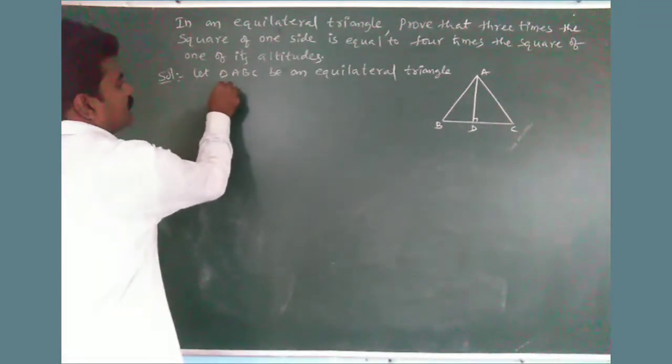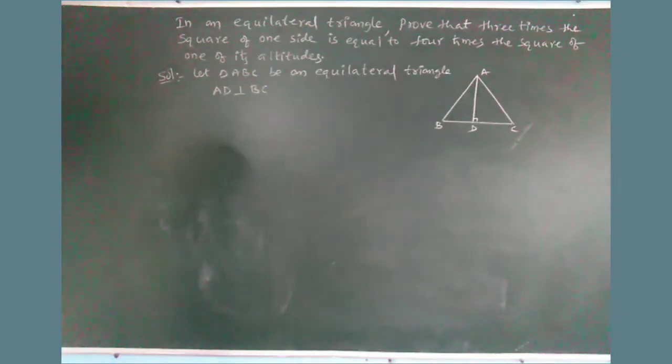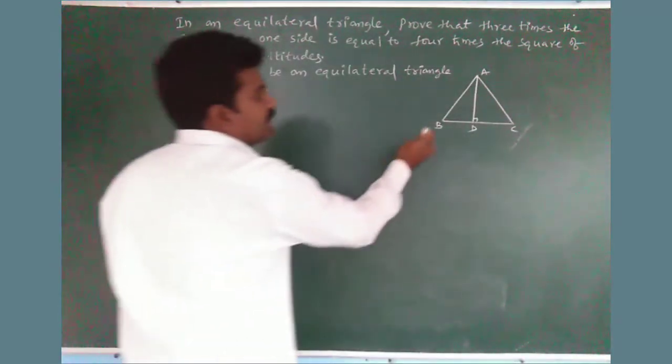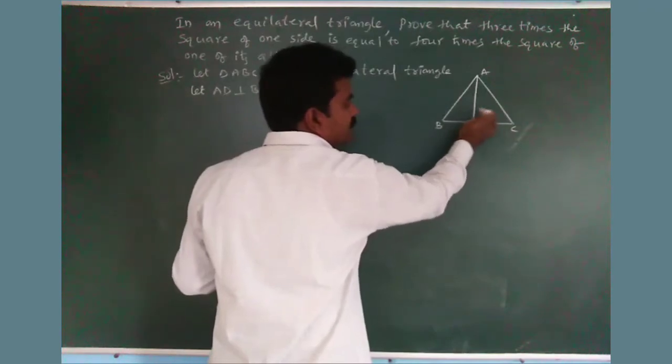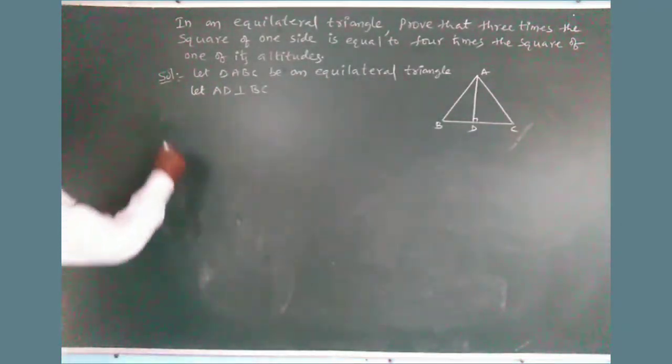Also AD is perpendicular to BC, I mean AD is the altitude. Now here there are two right angle triangles. So let us see, are they congruent or not?